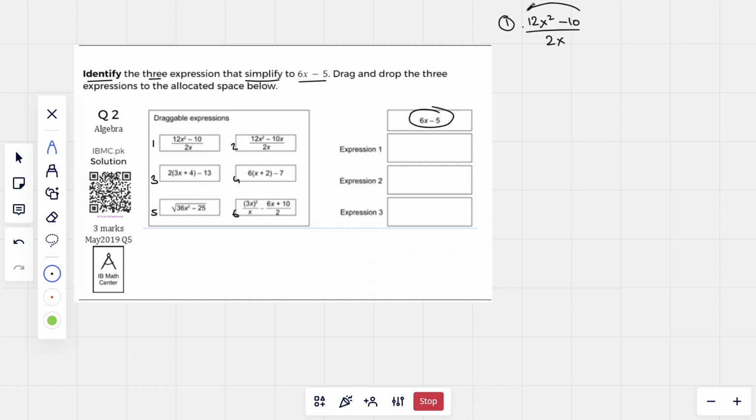This expression is one fraction, so we've got to change this fraction into 2 parts and see what the sign will be in between. How can we do that?